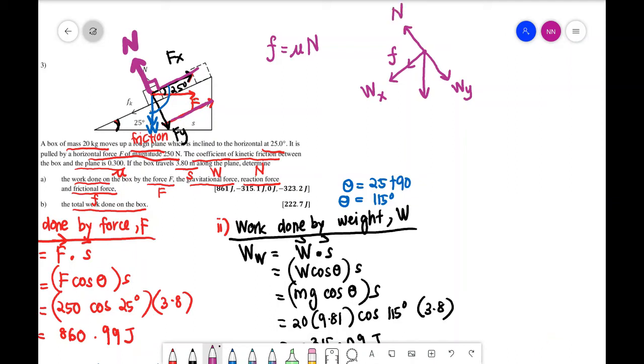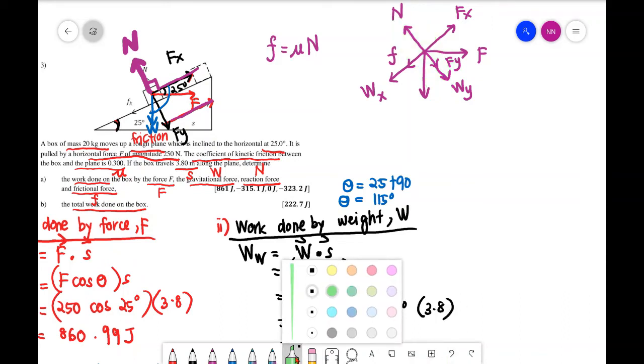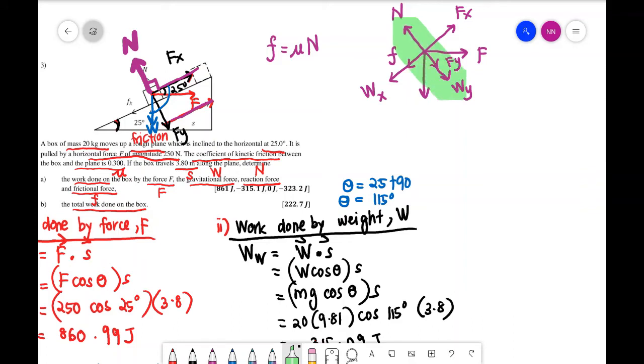And then this is the force F, so we have to resolve F to Fx and Fy. The normal force is perpendicular to the inclined plane.